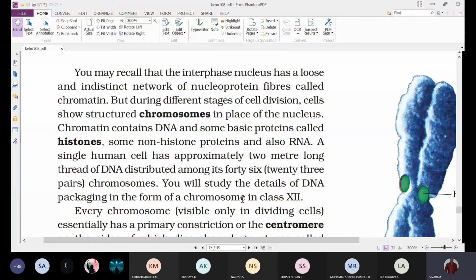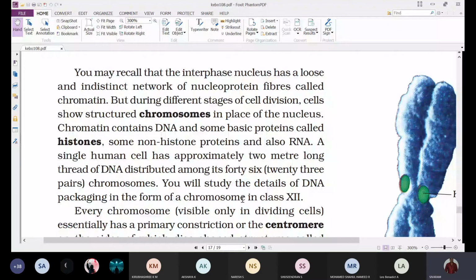After the cell division is completed, all these chromosomes come together and form a long thread of chromatin. When chromosomes are very small, they will decondense and transform into chromatin material. But this chromatin consists of DNA.